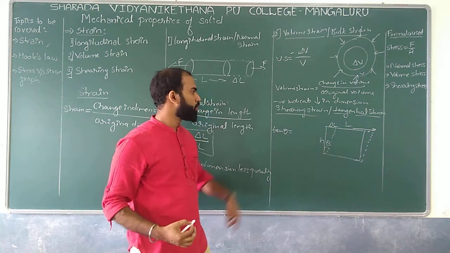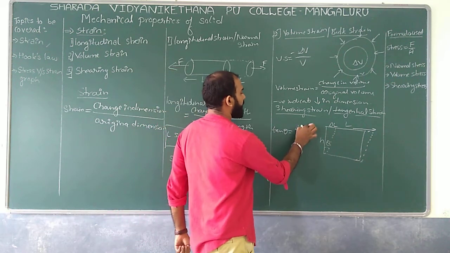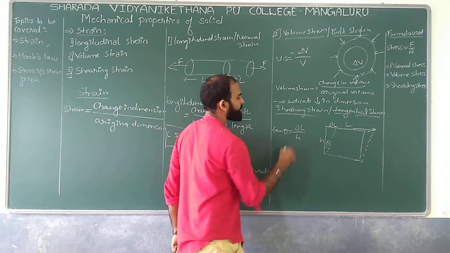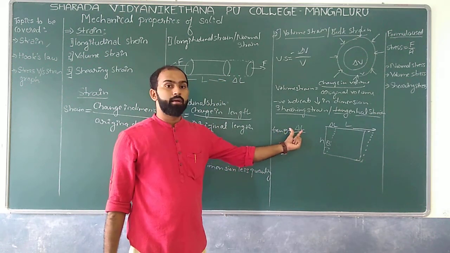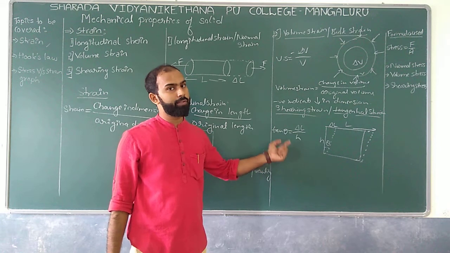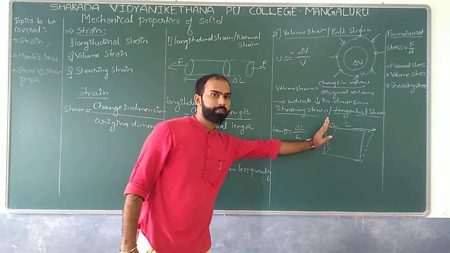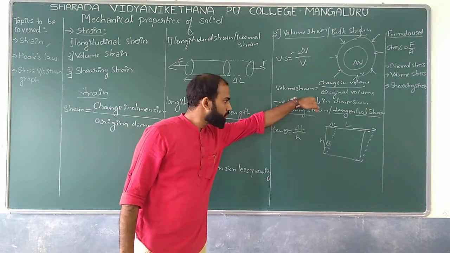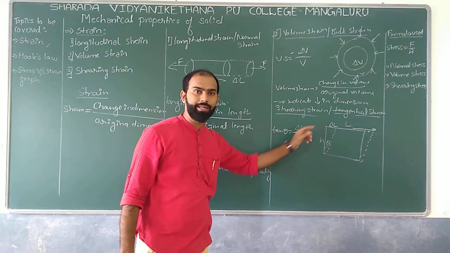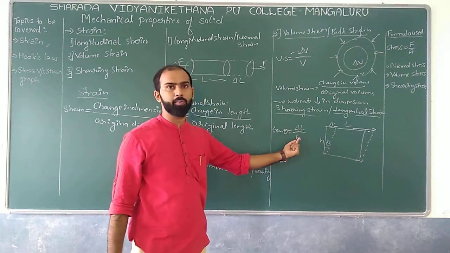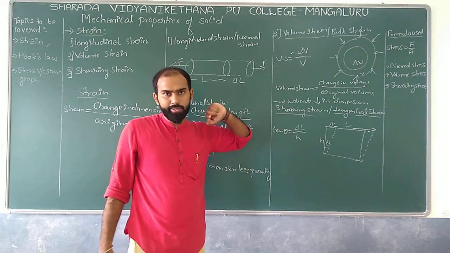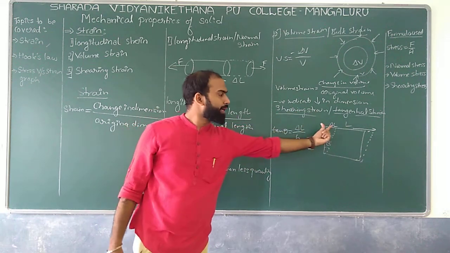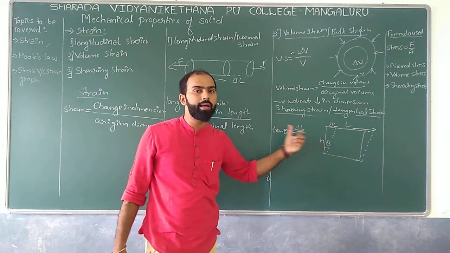So I can have delta L divided by h, where delta L is the relative displacement with respect to a fixed point, and h is the height of the object. It is the ratio of the relative displacement to the height of the object.